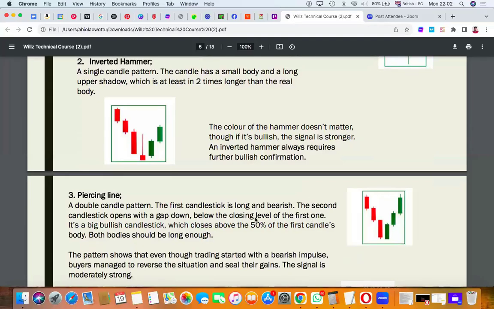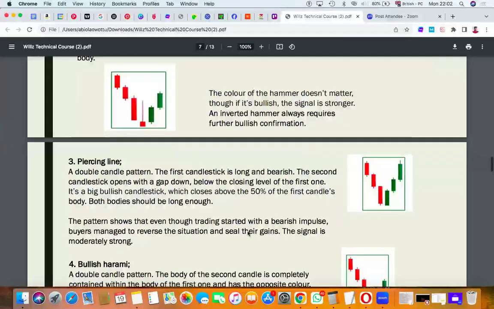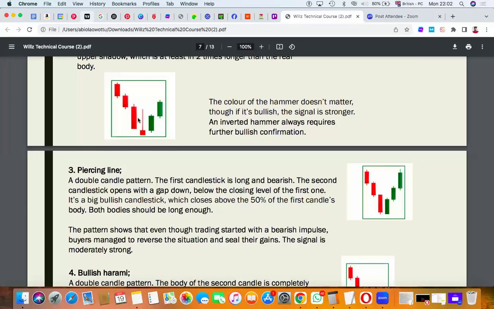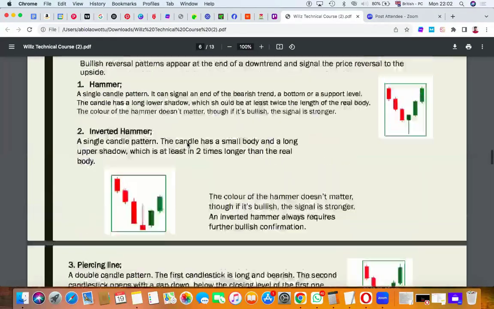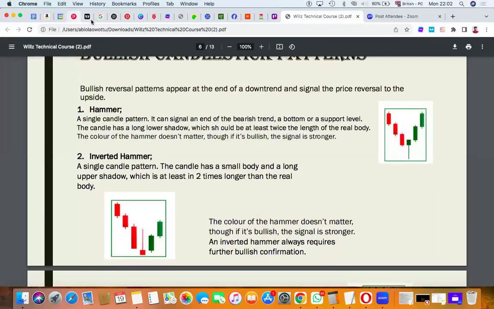So for bullish, for an inverted hammer, a hammer, I'll try and spot that on the chart.